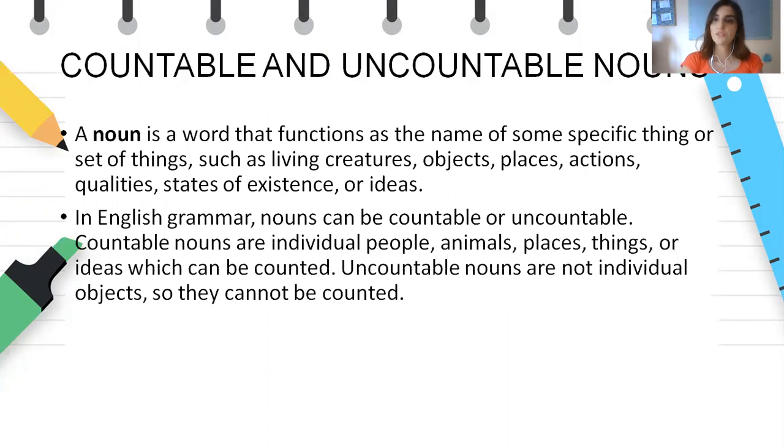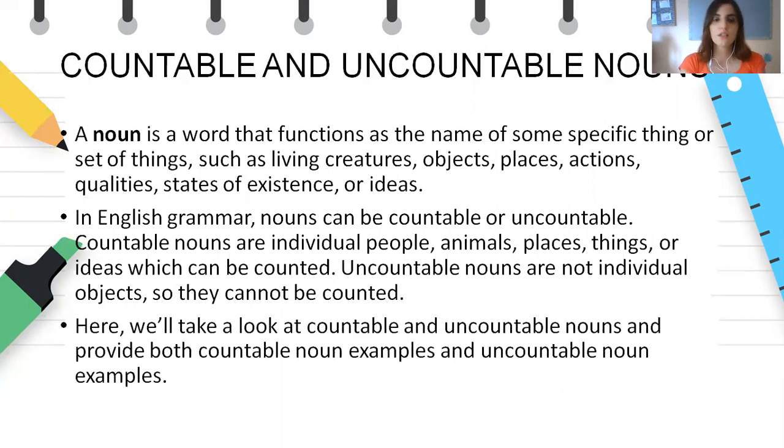In English grammar, nouns can be countable or uncountable. Countable nouns are individual people, animals, places, things, or ideas which can be counted. On the other hand, uncountable nouns are not individual objects, so they cannot be counted.